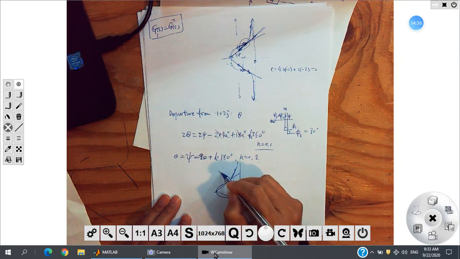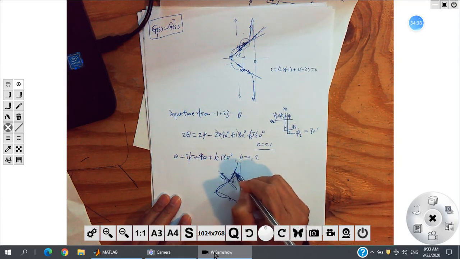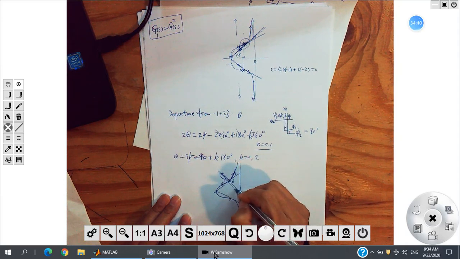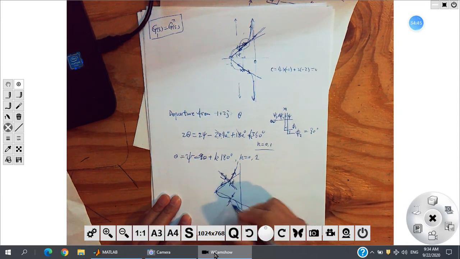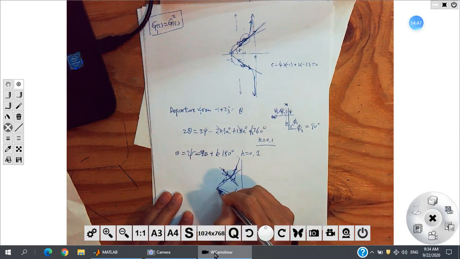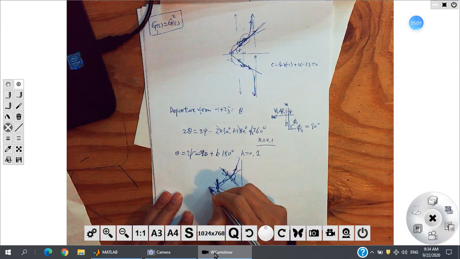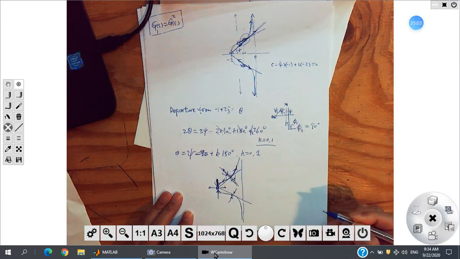This is a departure, and arrive. So for negative k, it will go this way, and similarly you can calculate this way. At this 0, you have 2 departure and arrival directions, coming down or up, right? This arrive direction, and departure will be this way.